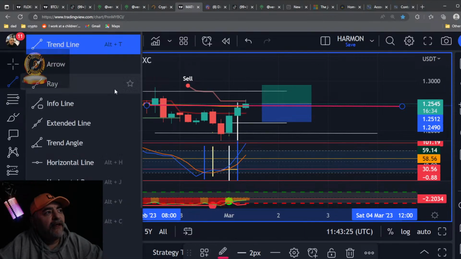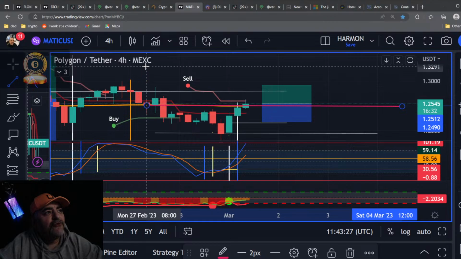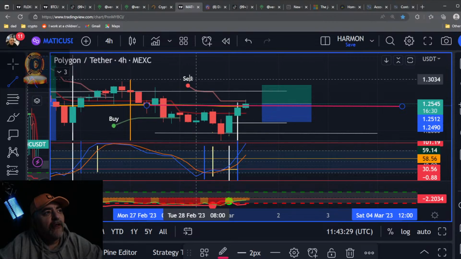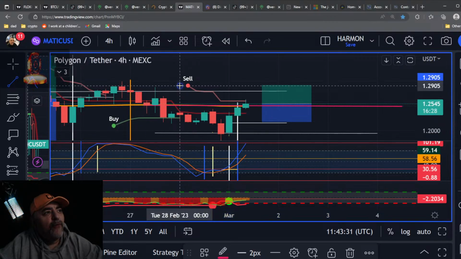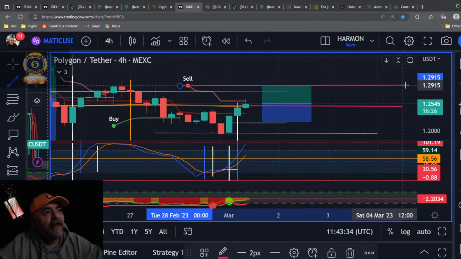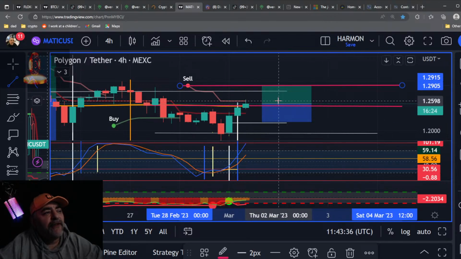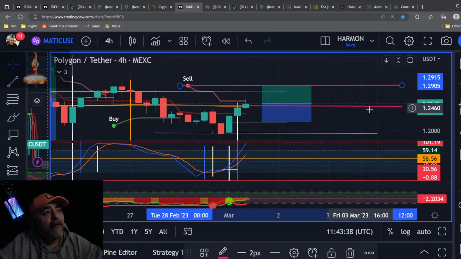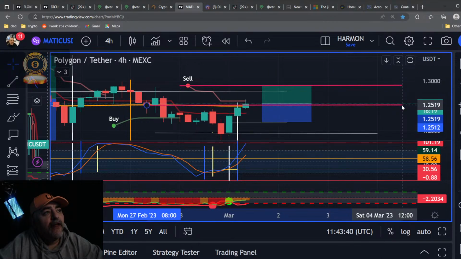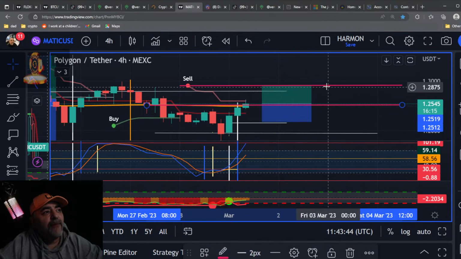And what we're gonna do here is we're simply going to draw the channel that Matic is more than likely to hit and maintain during this time period if the 4-hour RSI remains going forward. But the RSI, even in its best times, can only do this type of move.